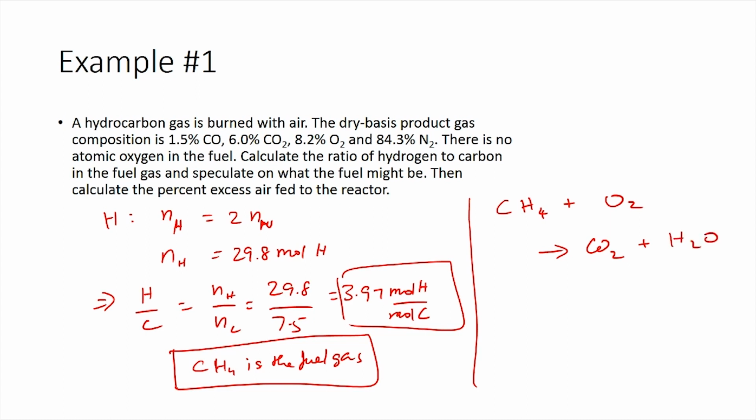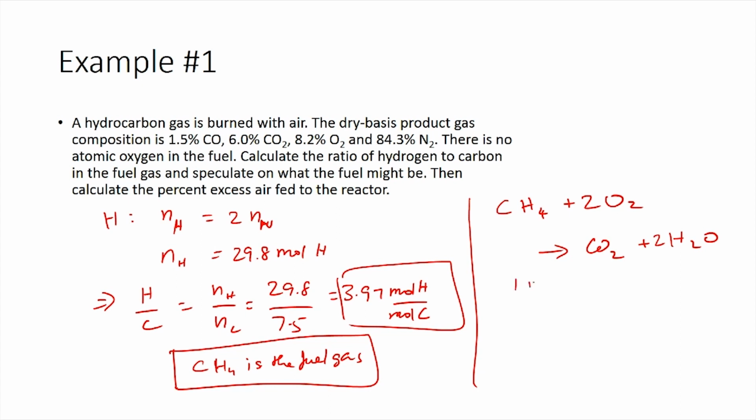This reaction when balanced would be 2 molecules of oxygen reacting with 1 molecule of methane to form 1 molecule of carbon dioxide and 2 molecules of water. So, this would be a balanced reaction. You have one atom of carbon on both sides, 4 atoms of hydrogen on both sides, and 4 atoms of oxygen on both sides.